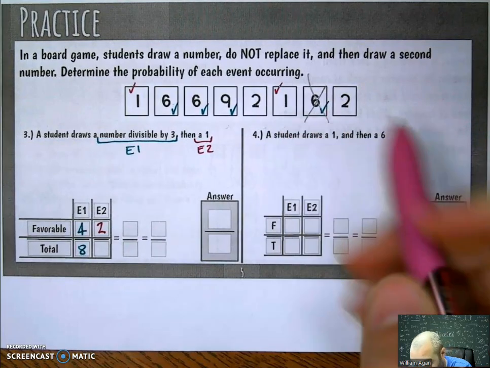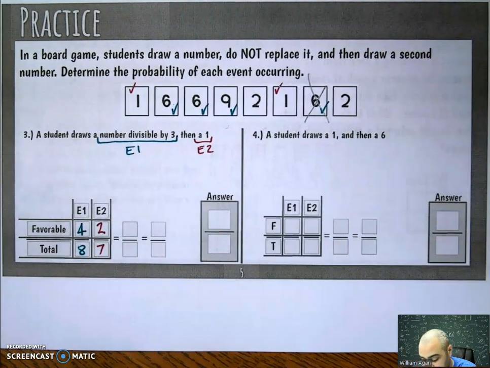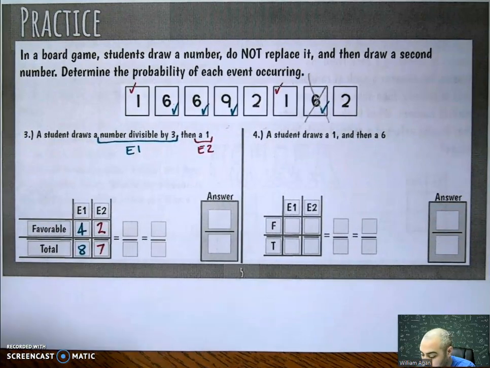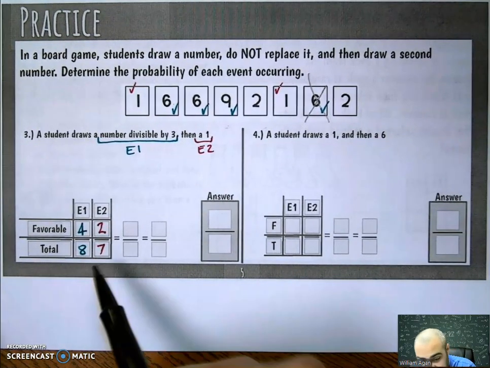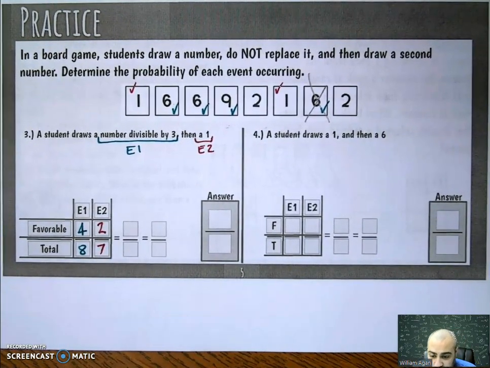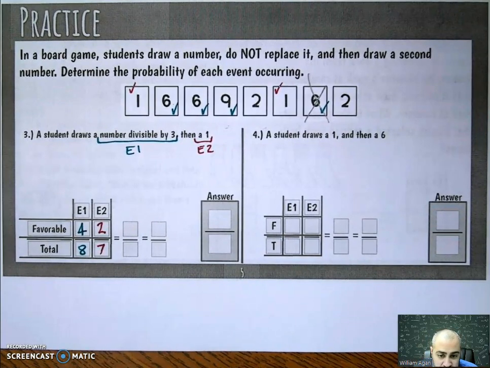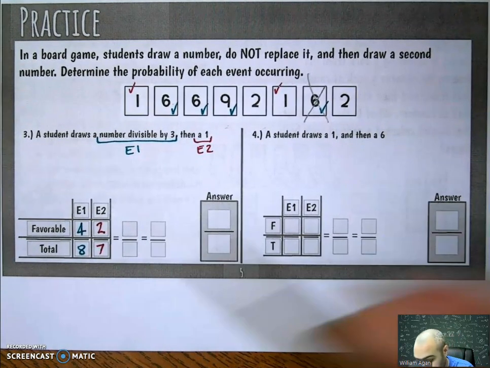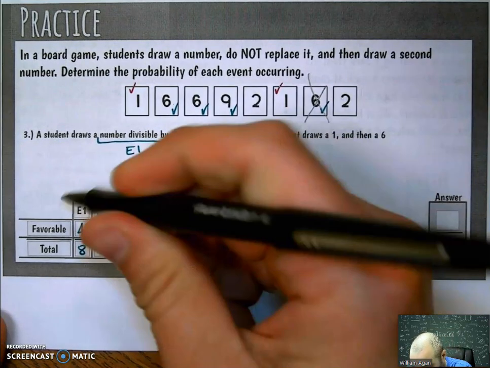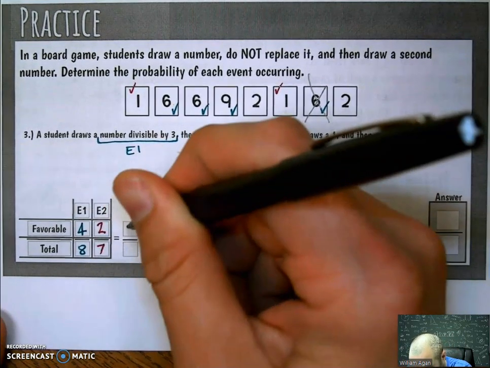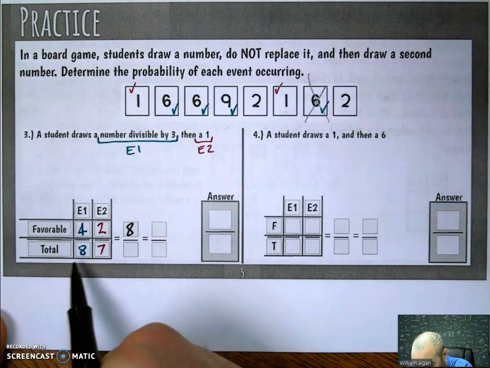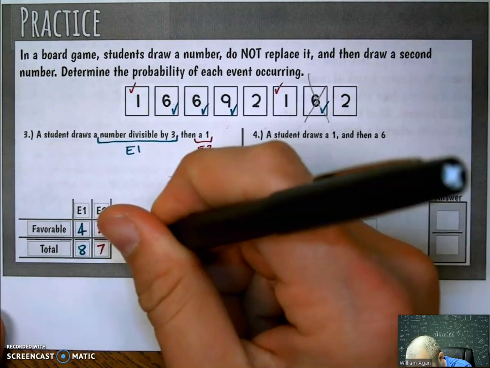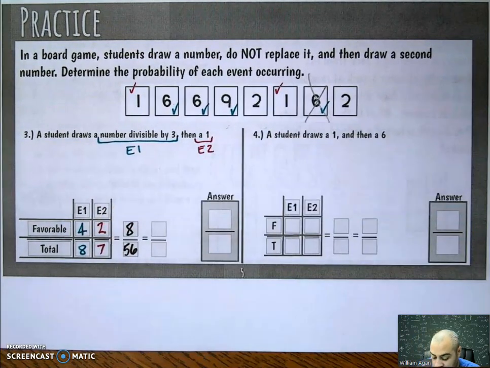So now, instead of 8 cards, there are 7 cards. Okay. Once you have your 2 probabilities for event 1 and event 2, to get your answer, you multiply. So I multiply straight across. 4 times 2 gives me 8, and 8 times 7 gives me 56.